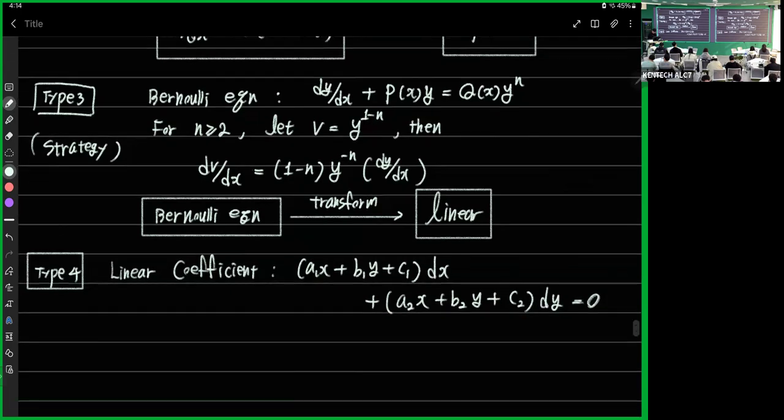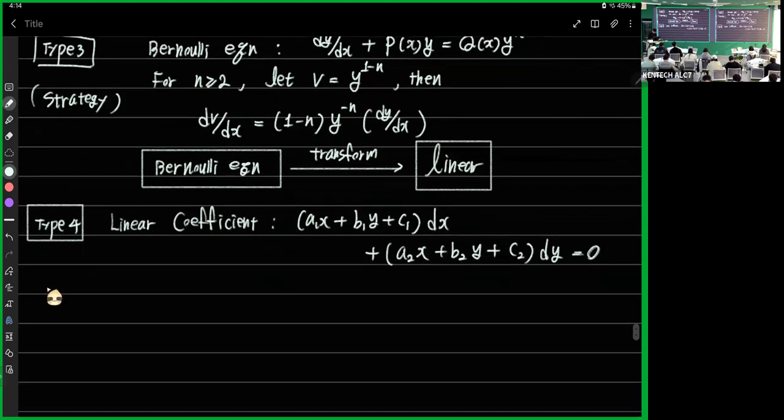Here the strategy is quite complicated, so listen carefully. For A1 times B2 not equal to A2 times B1, where does that come from? It comes from the determinant of the matrix.